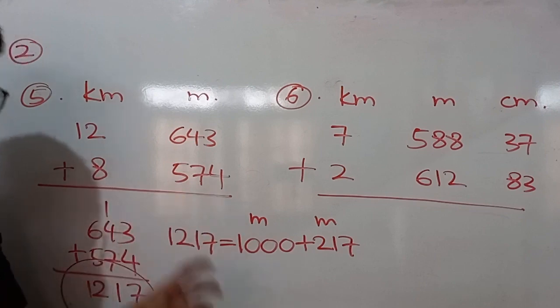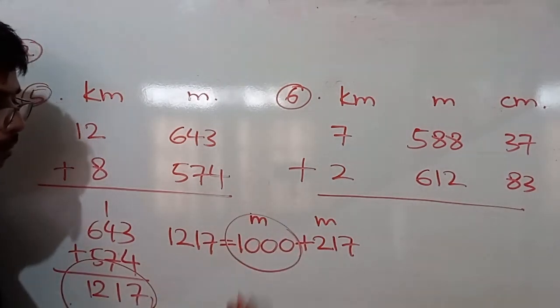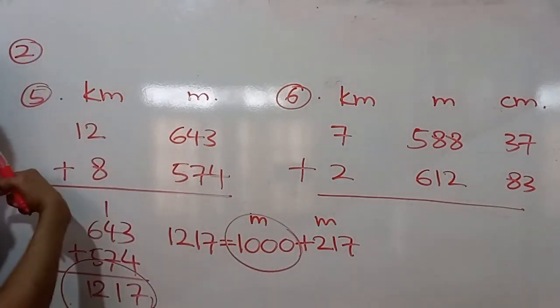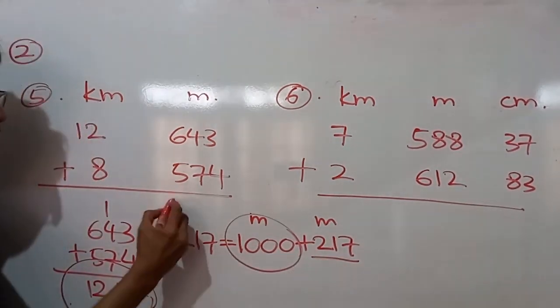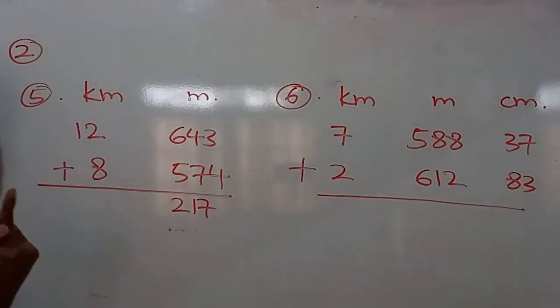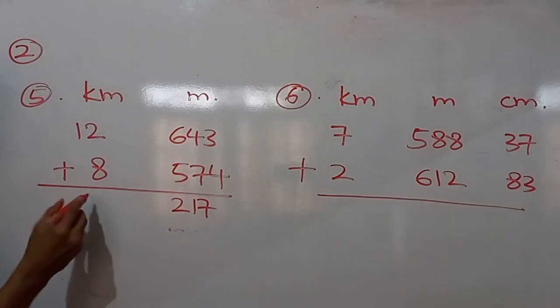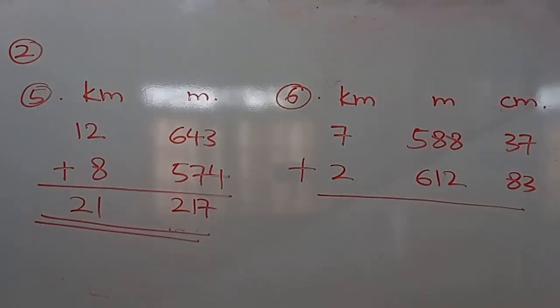Addition related to lengths. හරි? එතකොට මොකද කරන්නේ? මෙන්න මේ portion එක අපි kilometers කරලා එහා පැත්තට දාන්න ඕනේ. Right? So what will be the remainder here? 270. 12 plus 8, we know that's 20, but don't forget the 1, it will be 21. So the answer is 21 kilometers and 217 meters.